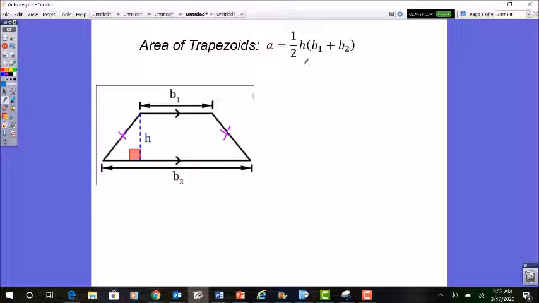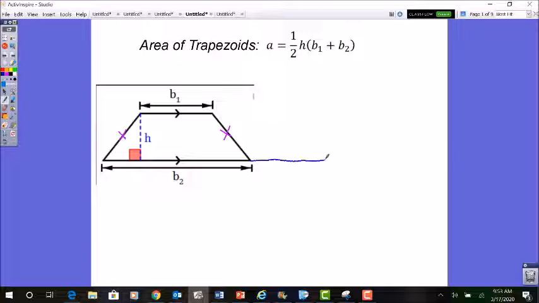Now let me go into why this is actually just using the parallelogram formula. If you remember, the parallelogram formula was base times height. Imagine you were using a computer, and you had this picture and you could right click on different pieces of this trapezoid. Imagine you right clicked on base 1 and hit copy, and then you pasted it right down here.